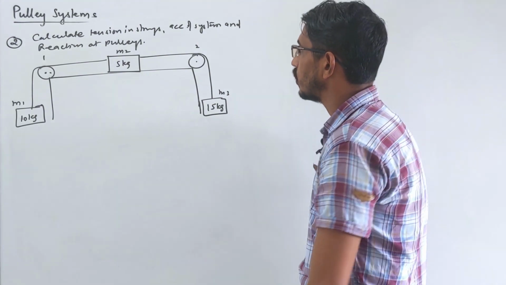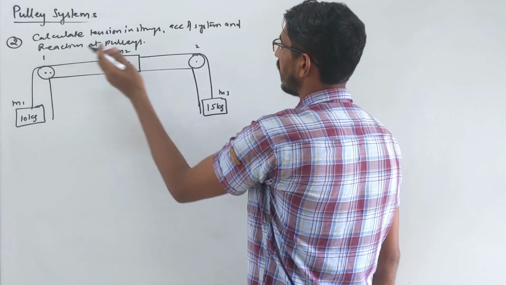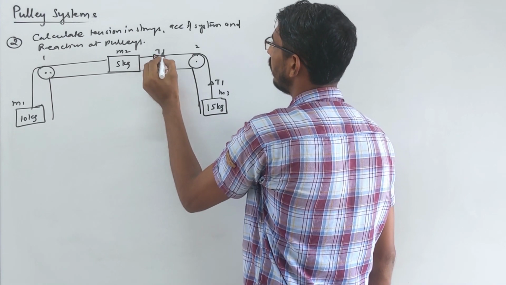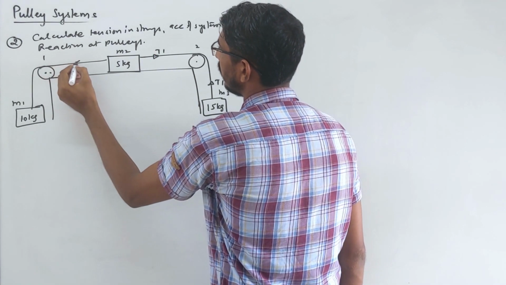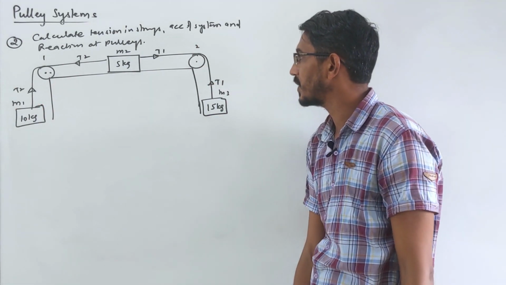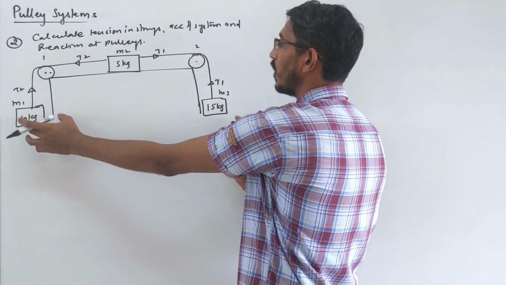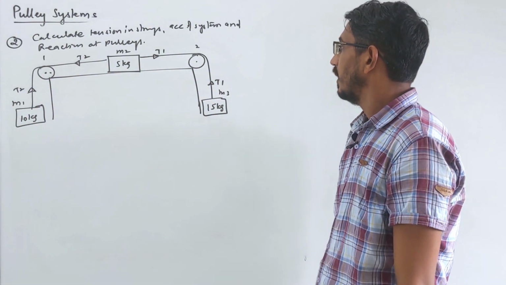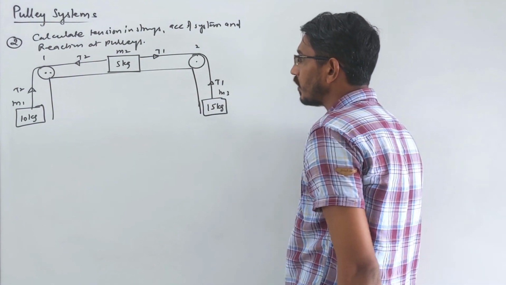So here we have two strings, one string this string, one string that string. Here let's call tension T1, and that string let's call tension T2. We have to find tension in the strings, and you see these two blocks are moving vertically, that block is moving horizontally, right? So let's start. Same calculation.